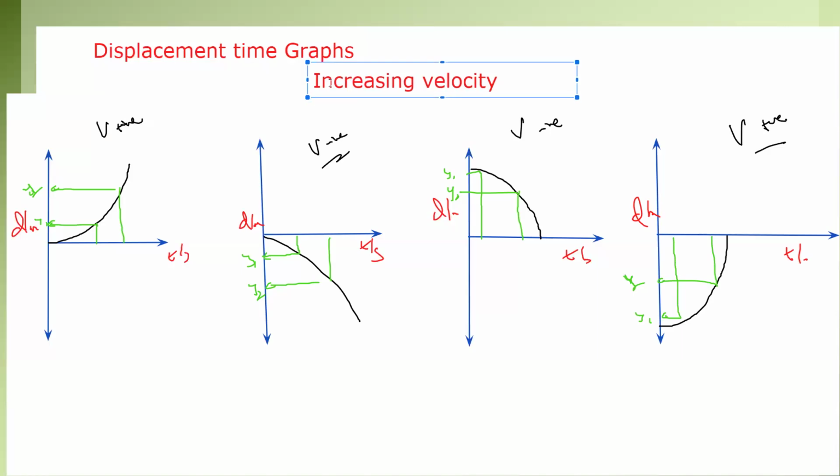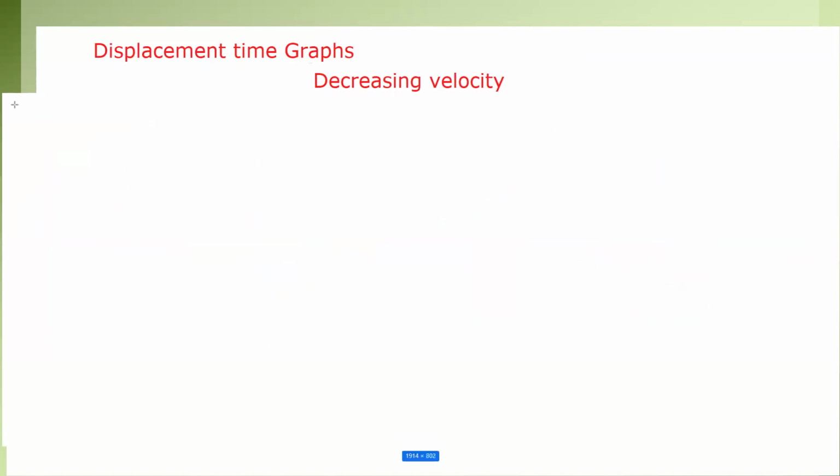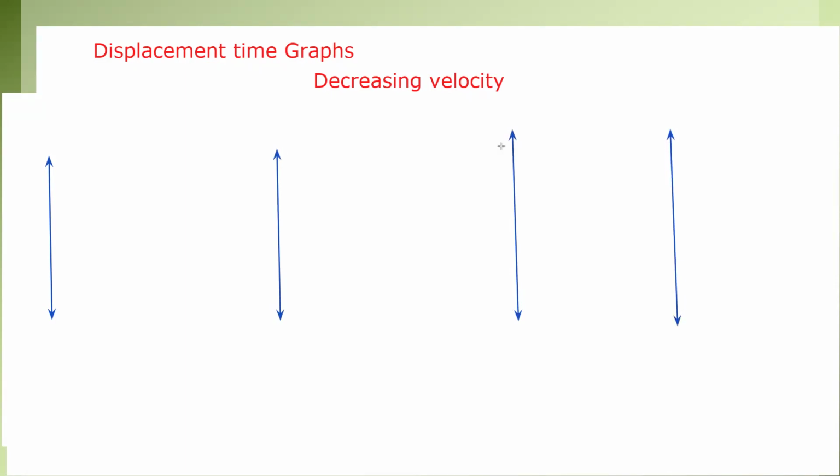Then we have the decreasing velocities, similar graphs, but the slope should decrease. First thing you should understand what happened to the slope, and the second thing is the value of the slope, is it positive or negative?